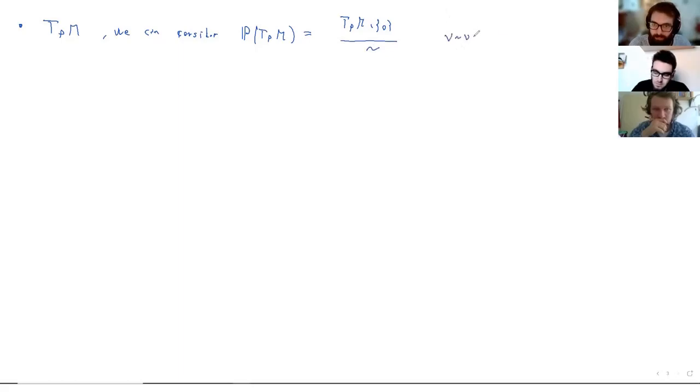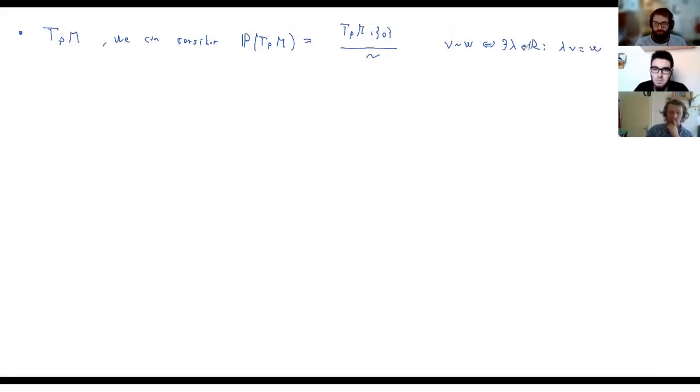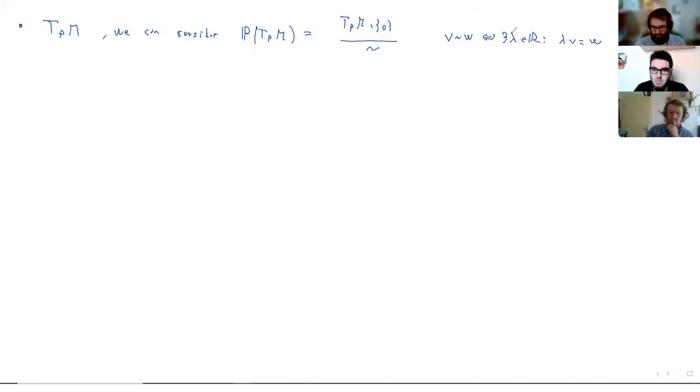Let's say that v is equivalent to w if and only if there exists a real lambda such that lambda v equals w. So just how you define the normal projective space. And of course, this lambda is real if we're talking about real vector spaces, complex if we're talking about complex vector spaces. But for now, this is not important.